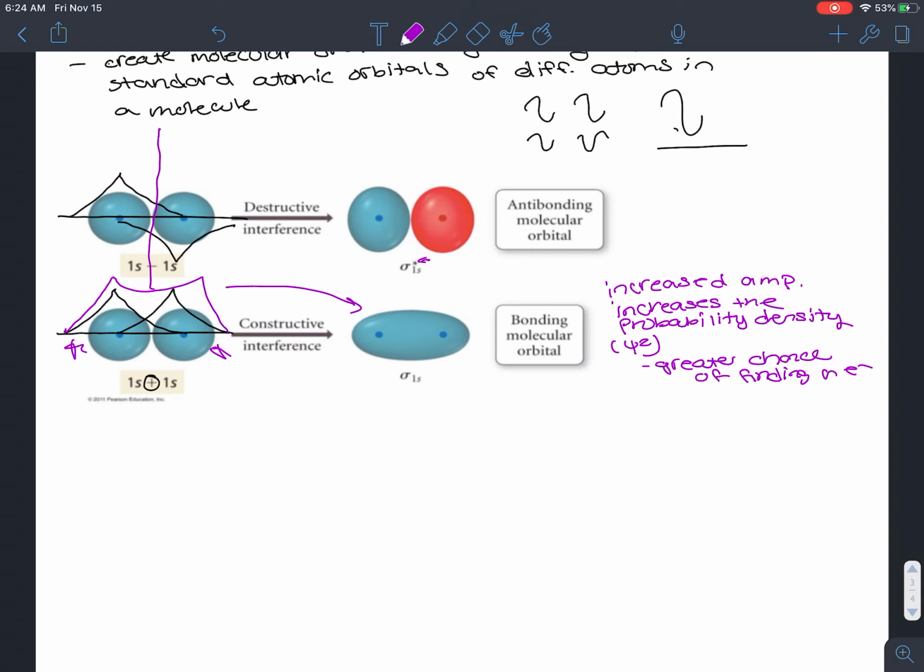Now you can see here, this is a sigma 1s star. That star represents that this is antibonding because of destructive interference. Now the amplitude decreases here, which decreases the probability density, and therefore there's a node between the two nuclei.